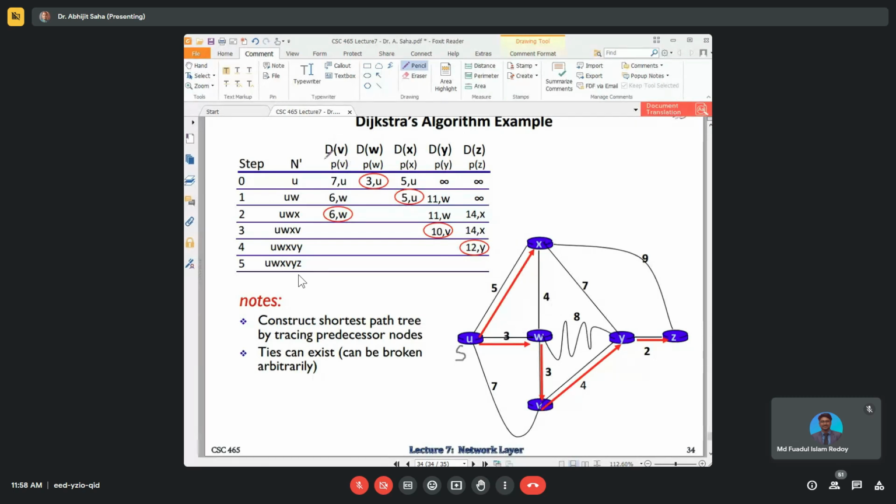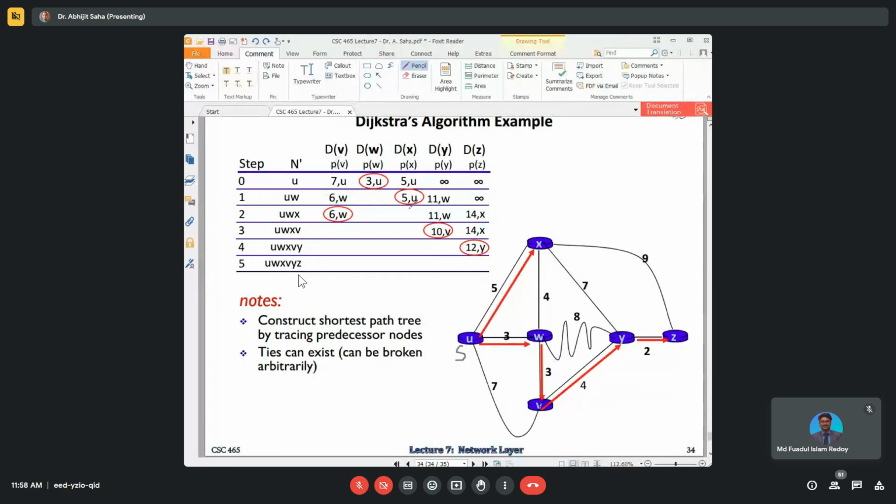So it's better that you write these 3 nodes at first, in any order. You can write wxv or xwv or vwx, whatever order. And then you write the rest of the nodes, y and z. But if you write y and z first, then also no problem. Okay, these are our direct nodes.